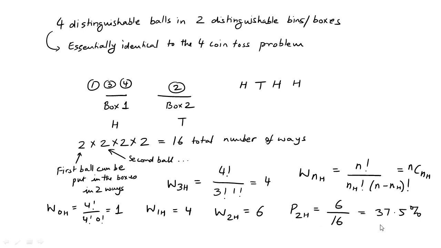The reason I write this as a percentage is that I want to compare how the probability of the most probable distribution changes as I increase the number of coins or increase the number of balls in the two boxes. So for 4 coins, the probability of the most probable distribution, which is the probability of 2 heads, is 37.5%.